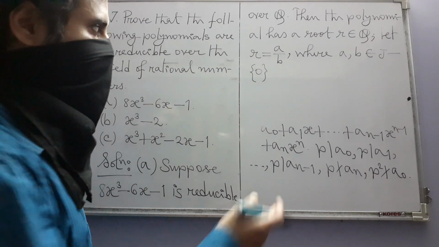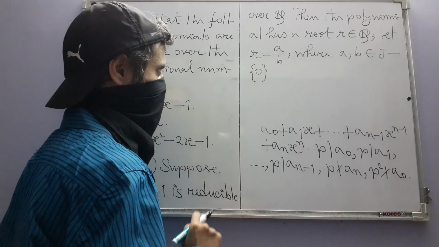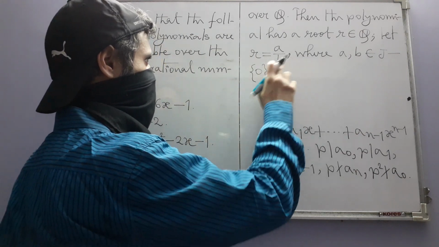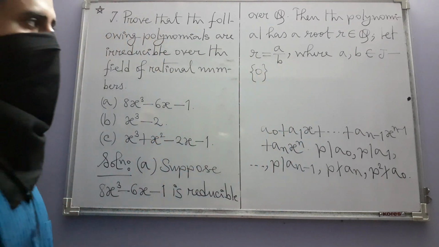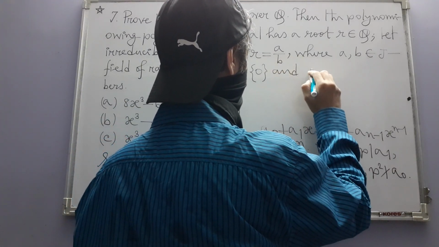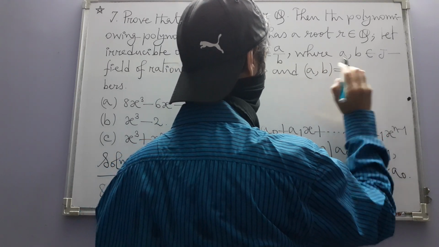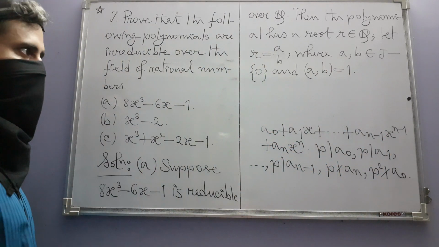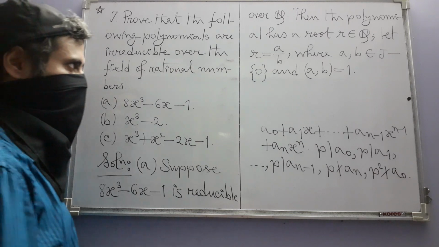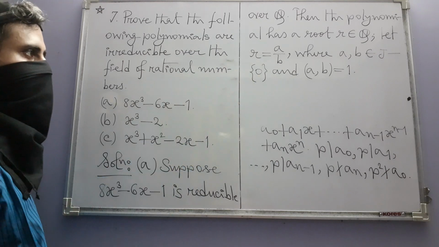So without losing anything, I can assume that r is non-zero, and hence both a and b are non-zero. Another condition can be assumed, that a and b are relatively prime, that their GCD is 1. There is no common factor because you can cancel the common factors out.